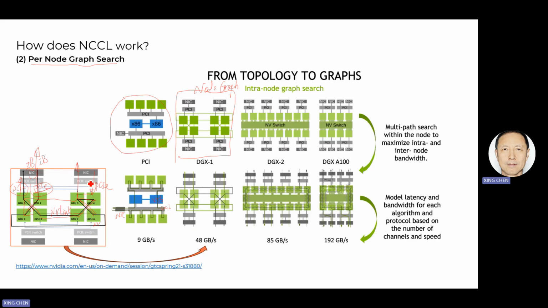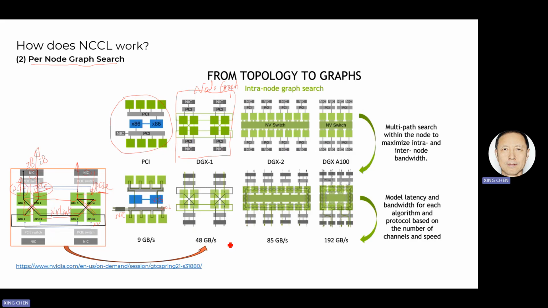If you think of this NIC as the starting point and the end point, that means you are going to have 1, 2, 3, 4 rings for these 8 GPUs. That means you sum up the bandwidth of the 4 NICs to compensate for the low bandwidth of the PCIe link.